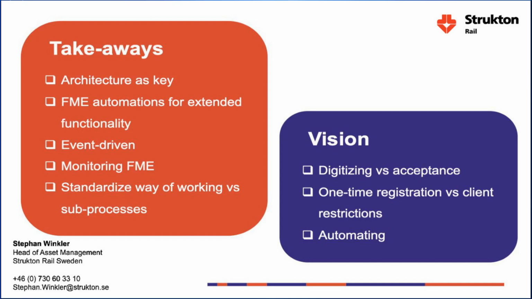And then obviously, these are event-driven. It's important to monitor your FME. Anybody who's running FME Server knows the value and importance of doing so. And then standardizing the way of working versus sub-processes.